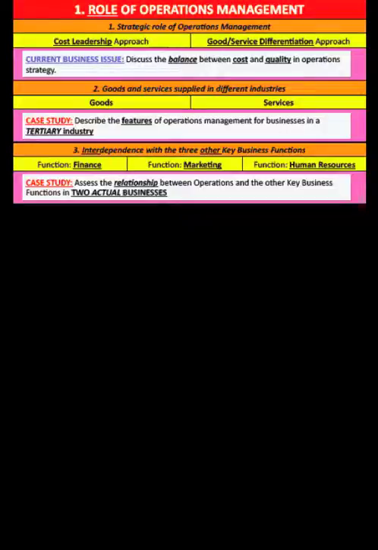I'm going to go through what details you would write in a sec, but just knowing the names for each one, right? So if I get a question that asks to discuss the balance between cost and quality in operations, I'm going to talk about Virgin and JB Hi-Fi. So I know that's it. If I get a question about operations management in a tertiary industry, I'm going to talk about Jetstar and Webjet.